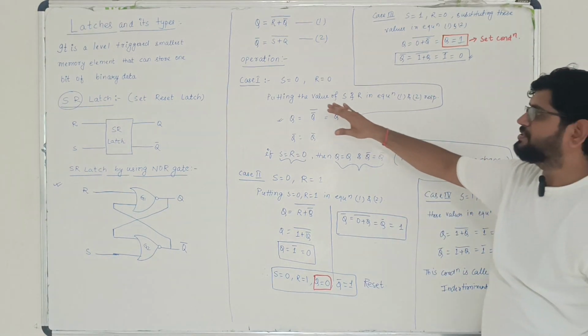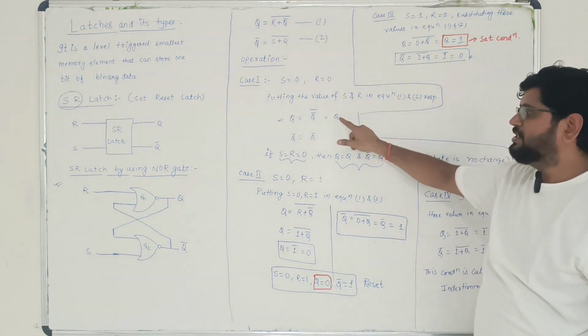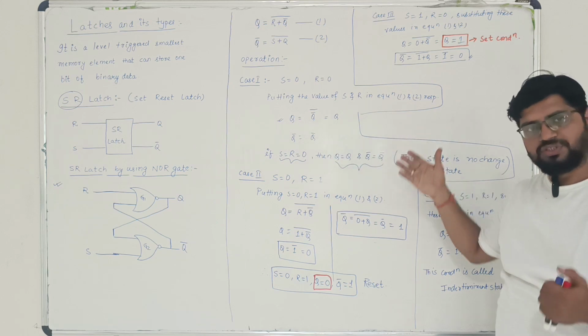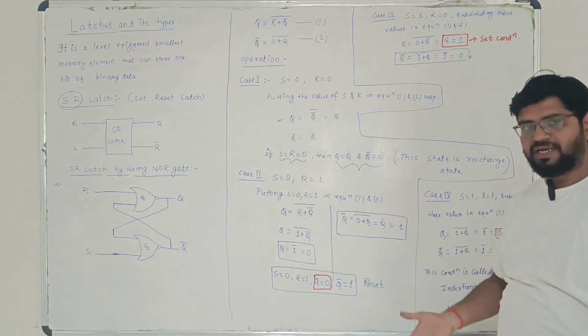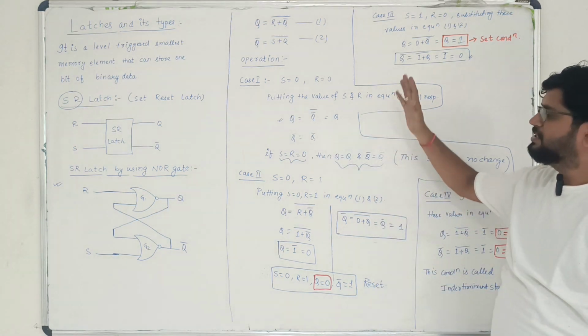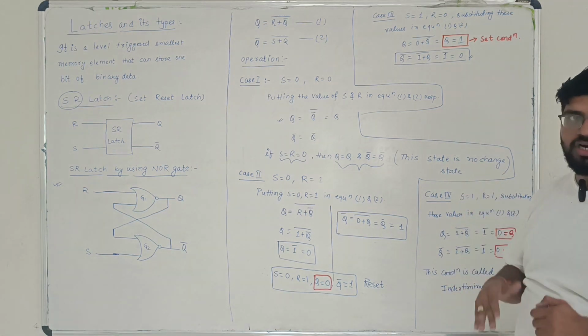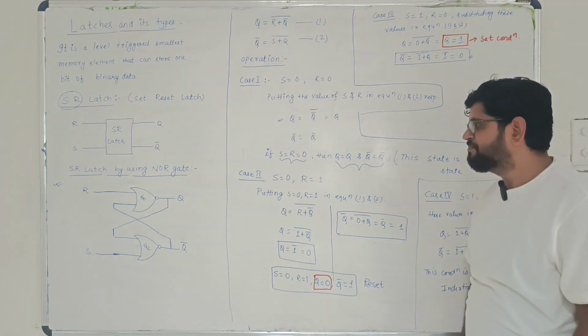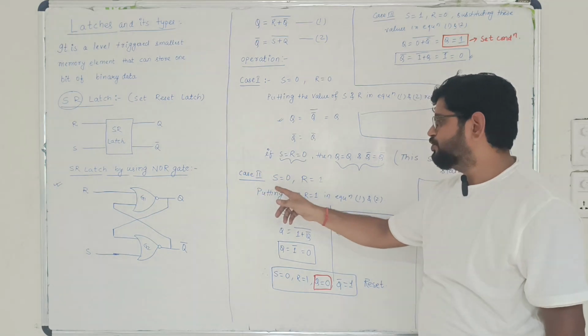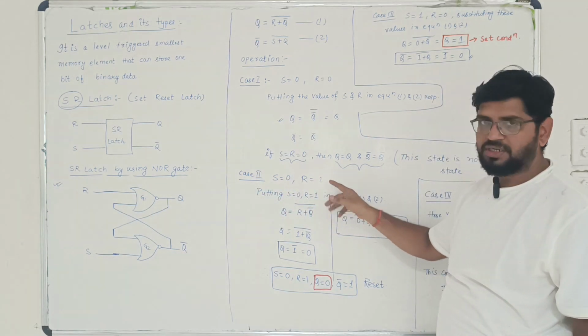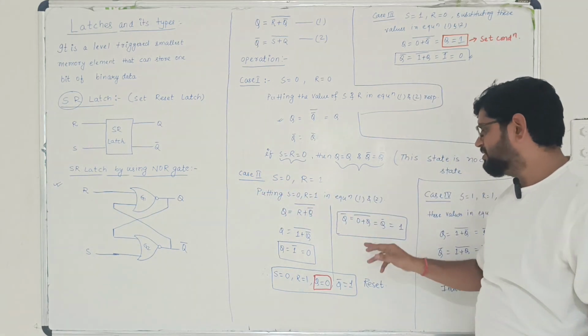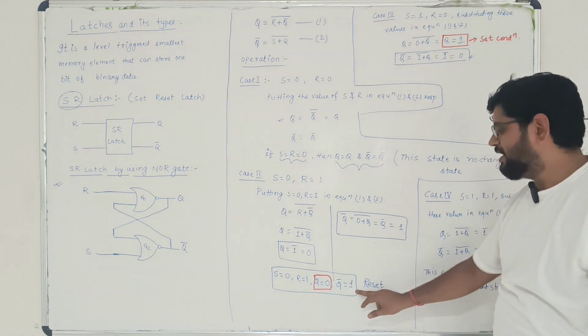The first condition was S equals to 0, R equals to 0. In that case, we have got Q equals to the same value, that is Q bar equals to the same value, and that state is defined as no change state or last state or memory state, whatever you say. The next is case 2, that is S equals to 0 and R equals to 1. Substituting that has given us Q value equals to 0 and Q bar value equals to 1.